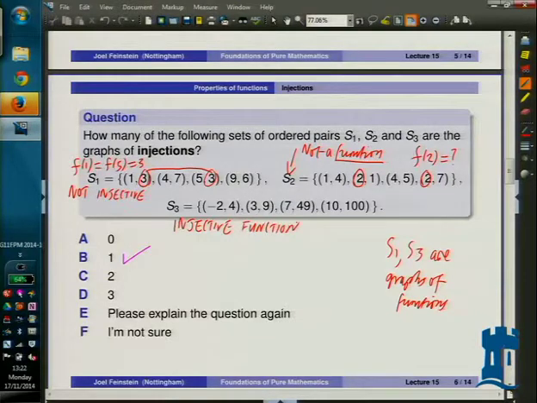And the fact that it comes from squaring doesn't actually matter for that calculation. The main thing is that if this is the whole graph of the function, then in this graph we haven't got any repeated second coordinates. We also didn't have repeated first coordinates because we needed that to make it a function in the first place.